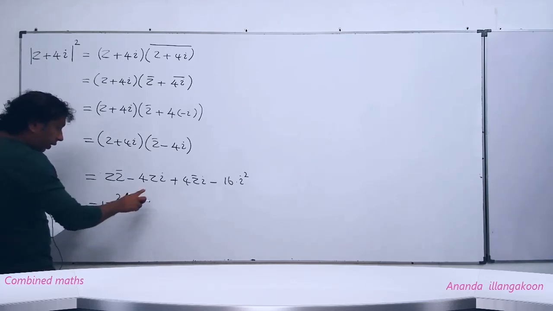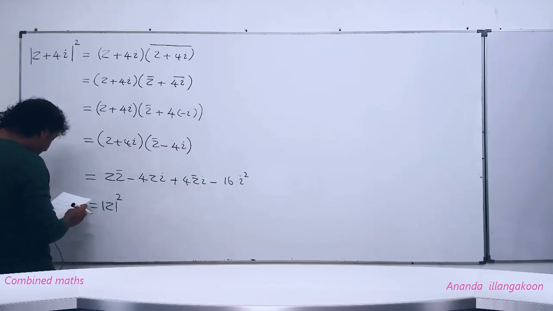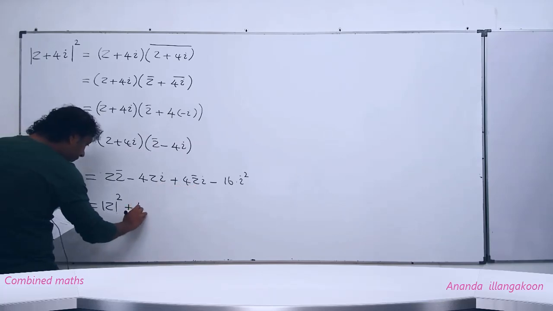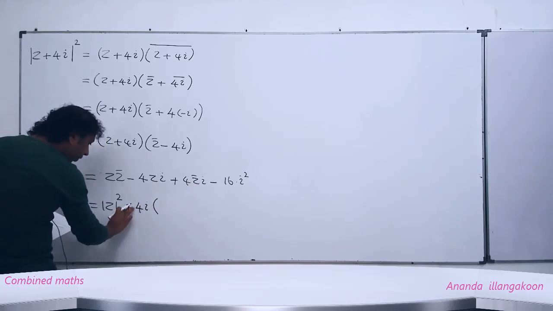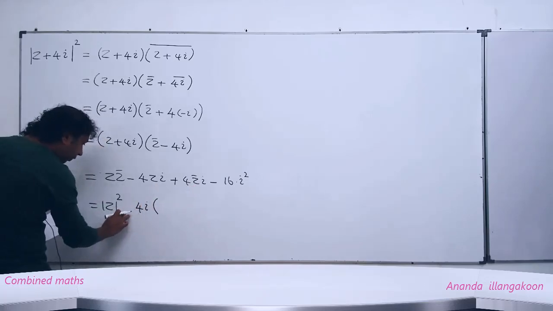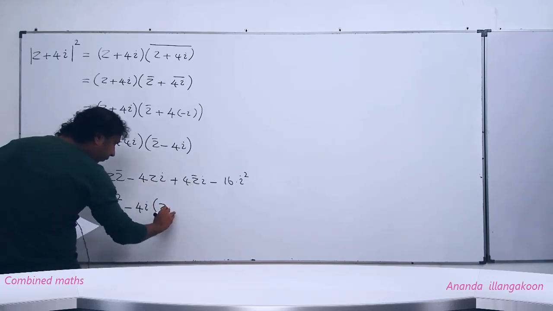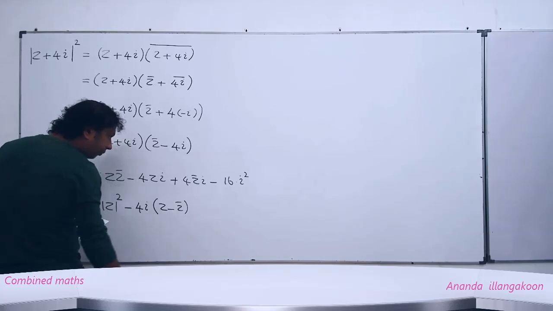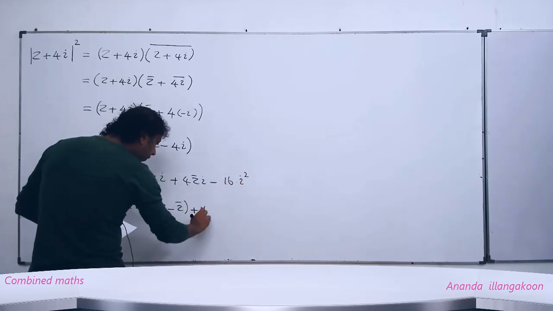And here you can take 4I out. Once we take minus 4I out, here we get Z and here minus Z bar. And I squared is minus 1, that and this make plus 16.